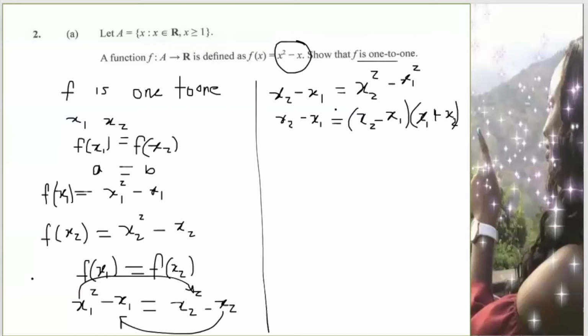Same thing. Now I'm going to carry this over the equal sign. So having this over the equal sign, I will have x2 minus x1 in brackets, minus the product that I have here: x2 minus x1 times, remember, x1 plus x2 is the same thing as x2 plus x1.